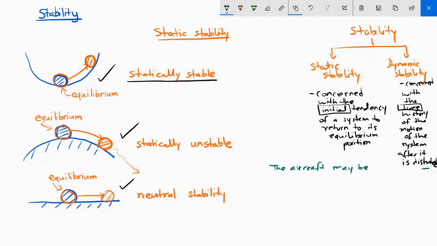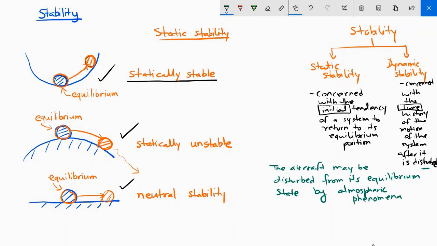The aircraft may be disturbed from its equilibrium state by two factors, right? By atmospheric phenomena, that means, for example, a gust of air, or pilot's action.